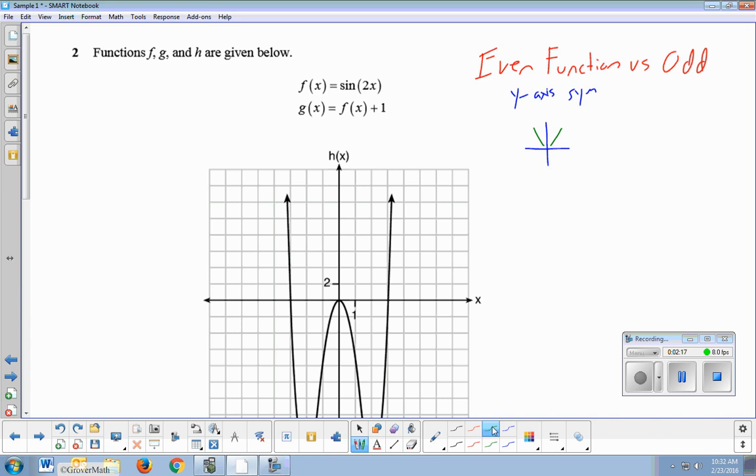An odd function is what we refer to as point or origin symmetry, and you can think of it as a rotation around the origin. So we could also think of an even function as a reflection across the y-axis, and origin symmetry as a 180 degree rotation about the origin.